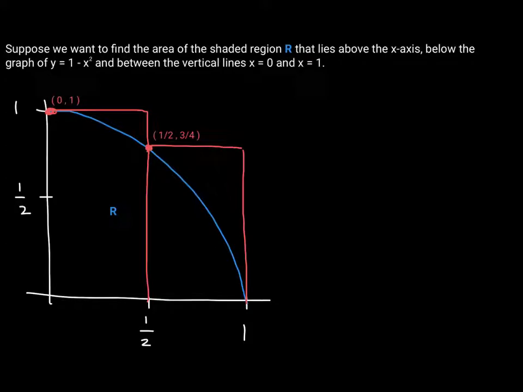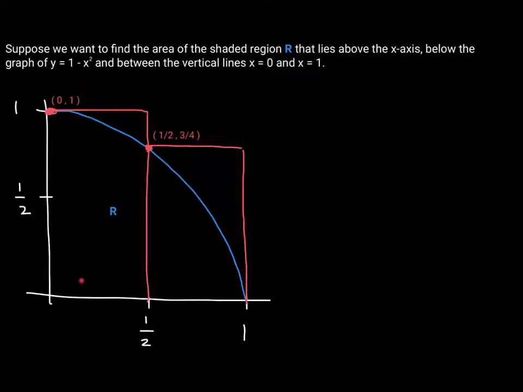What I've shown is two rectangles that together contain the region R. Now, this is important. Each rectangle has width 1/2, and each one of them has a height. This rectangle here has height 1 unit, and the height of this rectangle is 3/4.